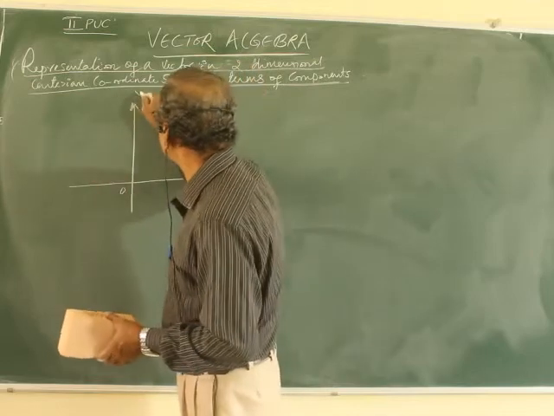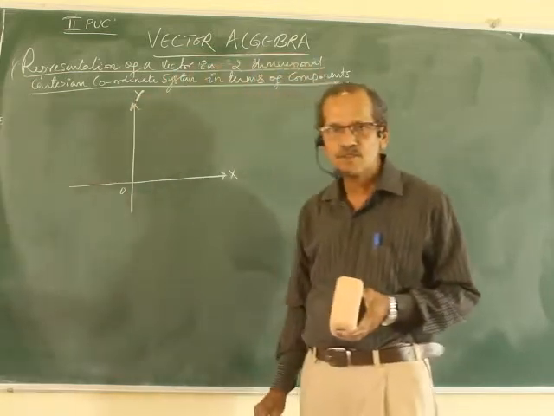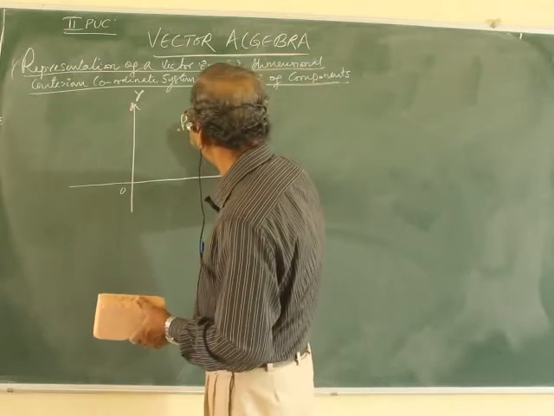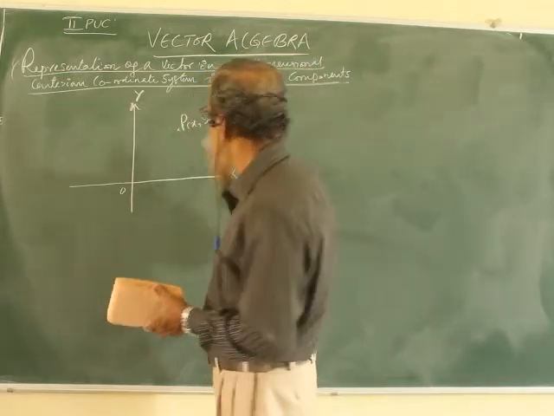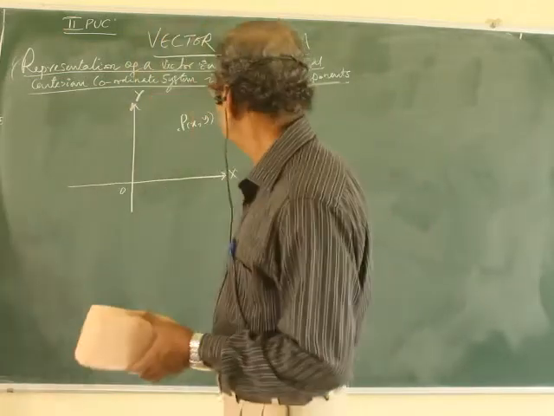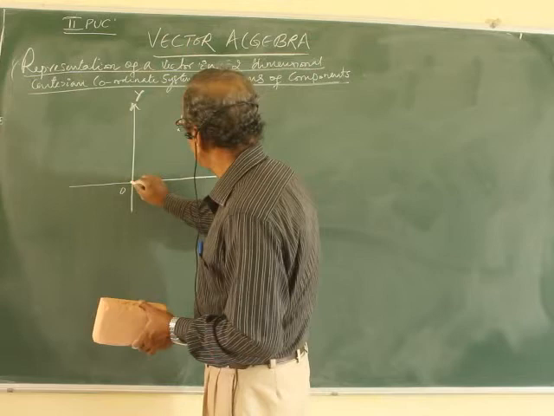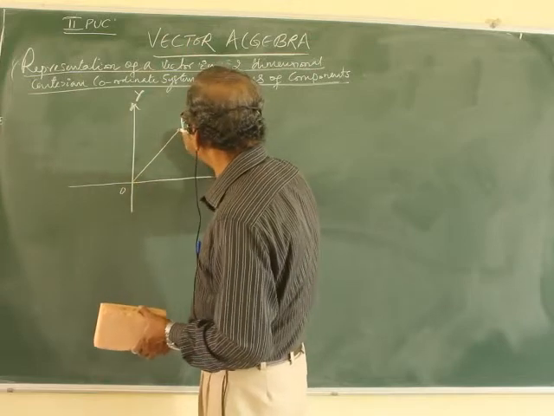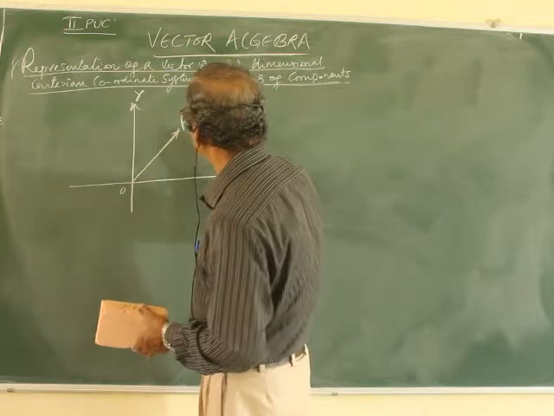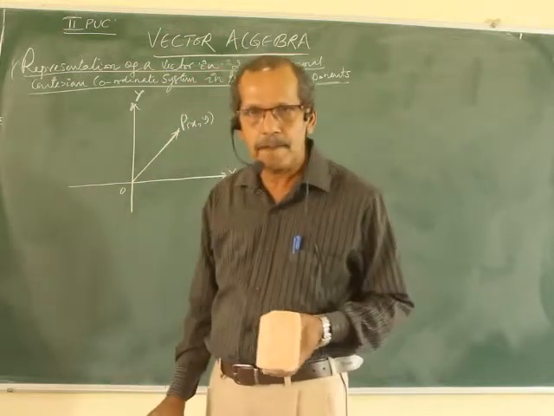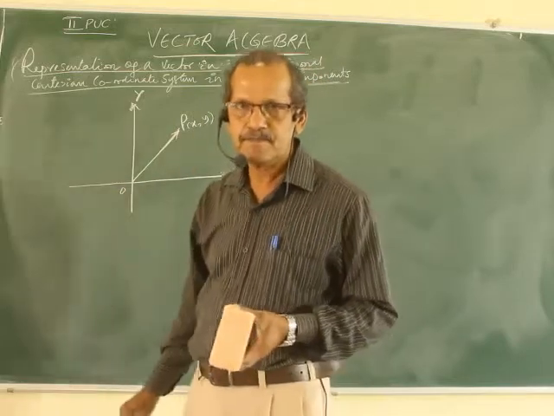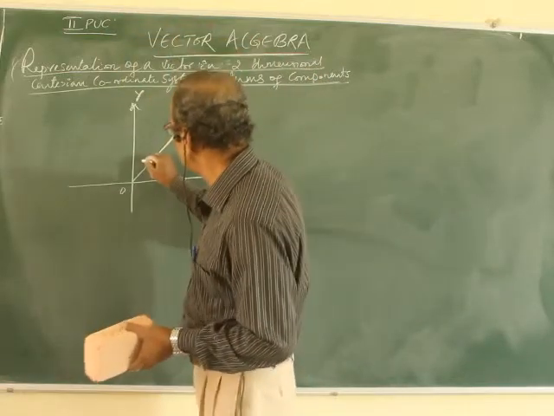Two-dimensional means Cartesian coordinate system is ready. Consider a point P, x, y. Now, you know the position vector of the point P is this one, OP. Position vector of the point means it is the vector obtained by joining the point to the origin.